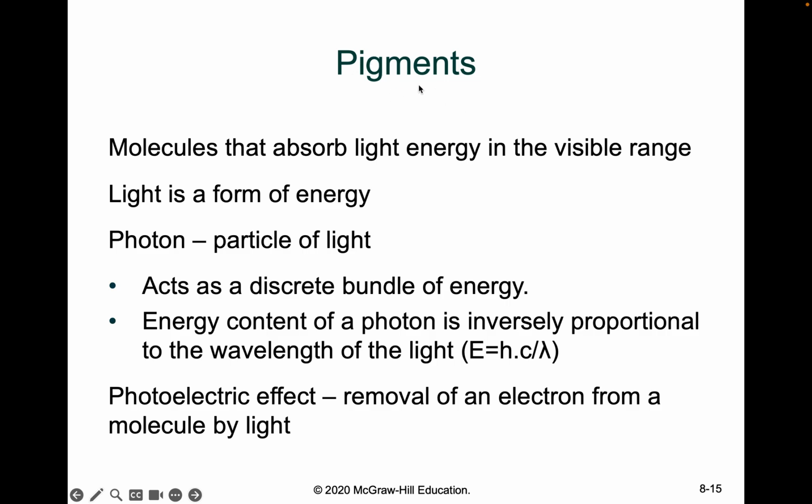Pigments are molecules that absorb light energy in the visible range. I'll talk about this visible range, but pigments are these molecules in the plants that are able to absorb light and get energy from it. Because again, light is a form of energy, and specifically, light has photons, these very small particles of light that carry energy.